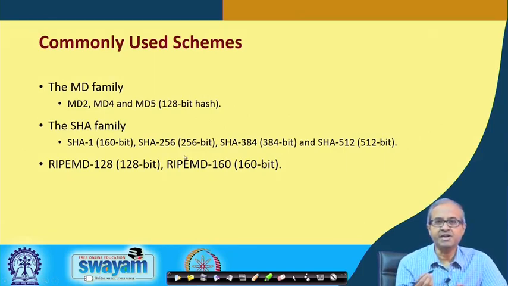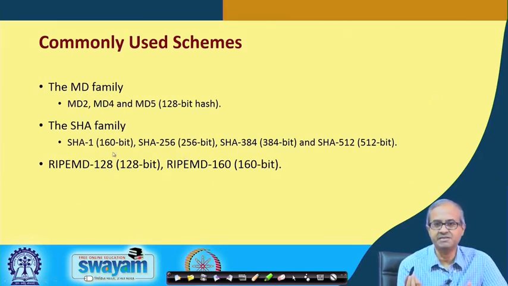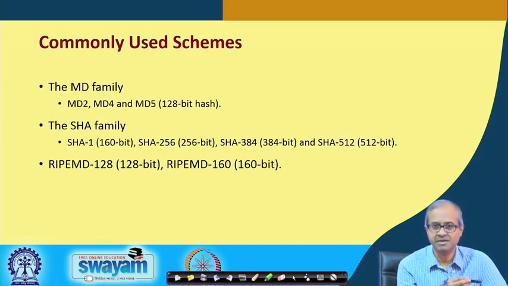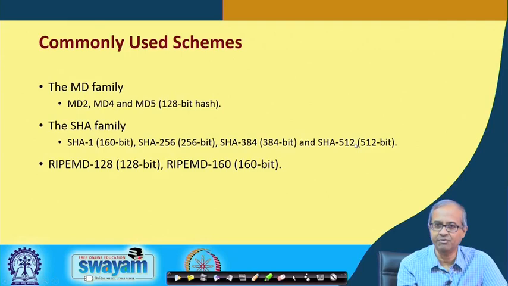And as I said, we can use cryptographic hash functions, and many of them are very well known and used in practice. There is the MD family: MD2, MD4, MD5. Then there is the SHA family, where the size of the hash is larger: 160 bit, 256 bit, 384 and even 512 bit.